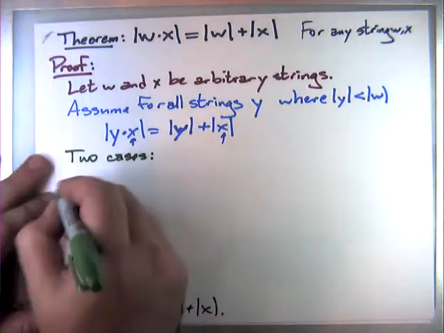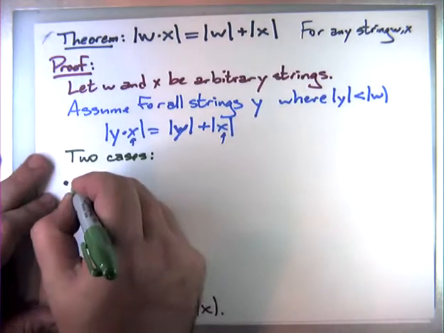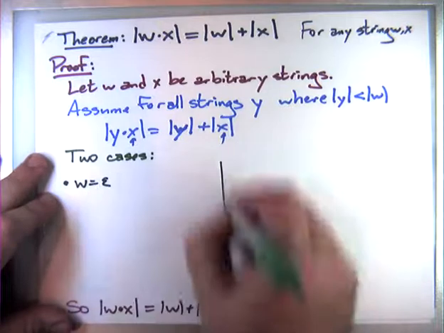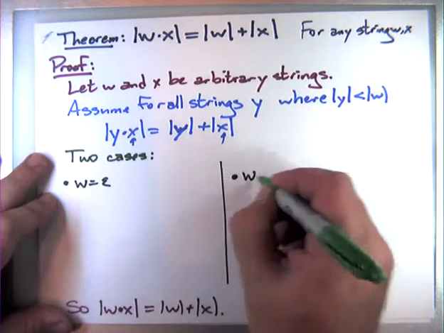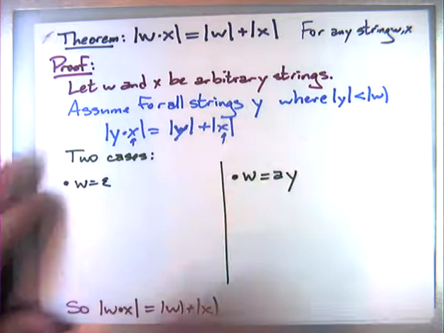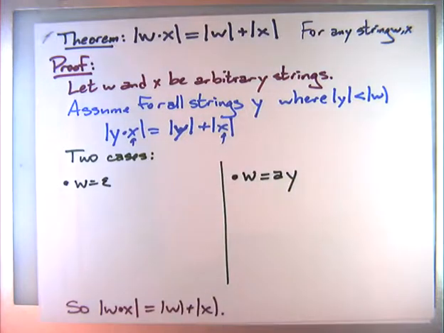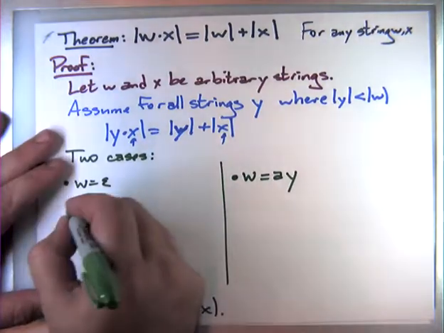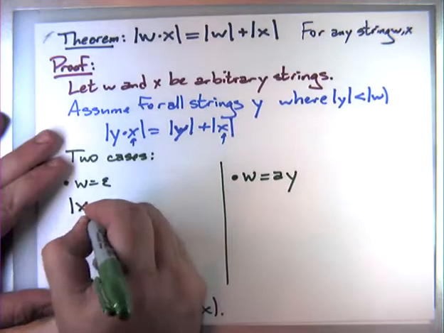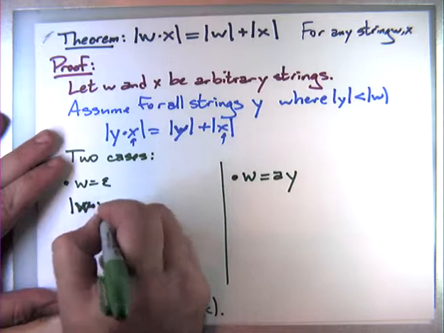Okay? So case one, w is the empty string. In case two, w is something in the form a.y, where a is a symbol and y is a string. I deliberately chose the same letter y there to make it clear where the induction hypothesis is going to kick in. Okay?